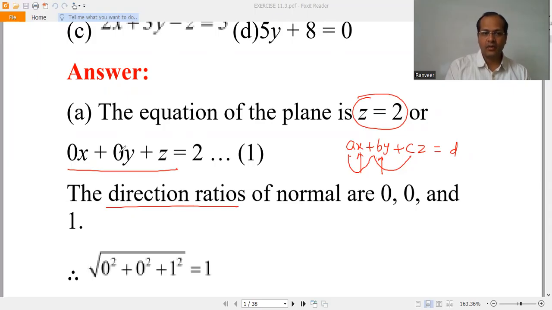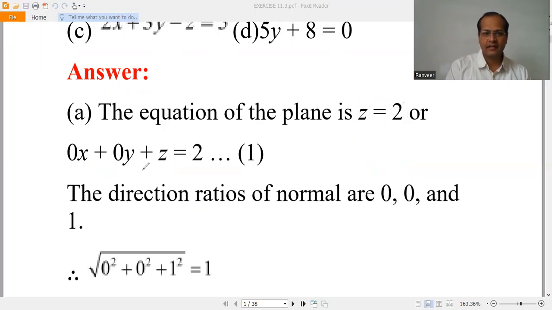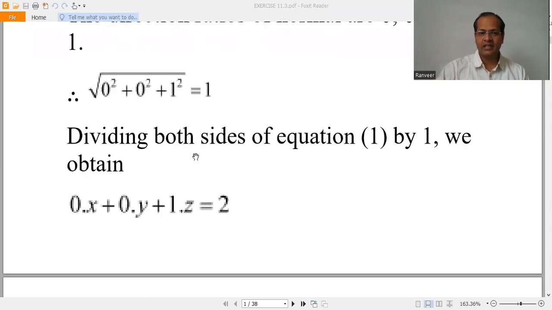Okay. Now in this case, the direction ratio of normal are 0, 0 and 1. So we have to find 0 square plus 0 square plus 1 square, and this is coming 1. After that, we just have to divide the given plane by this value.